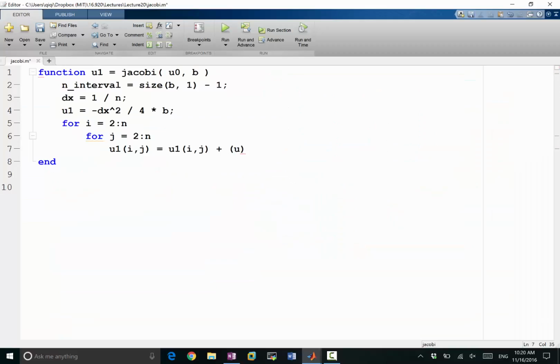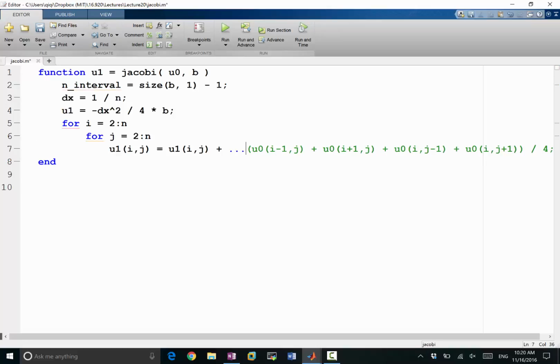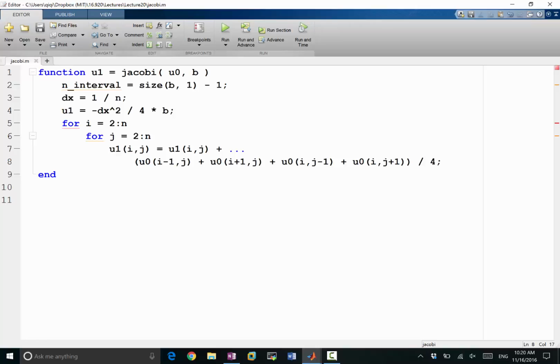So u0 of i minus 1, j plus u0 of i plus 1, j plus u0 of i, j minus 1 plus u0 of i, j plus 1, divided by 4. Let's make this a little bit prettier. So that's what we are looking at, and that completes our Jacobi iteration for the matrix.